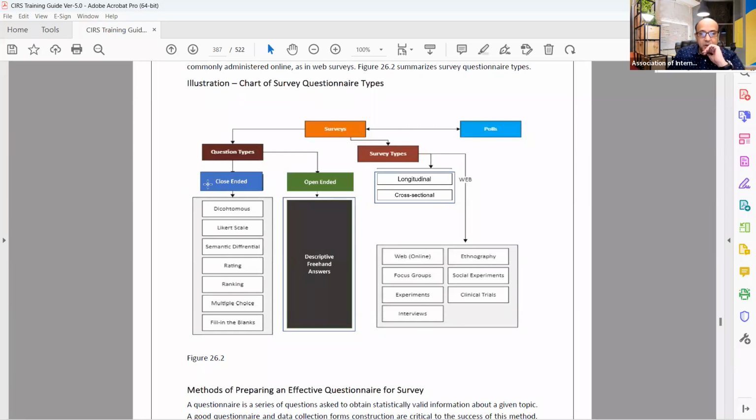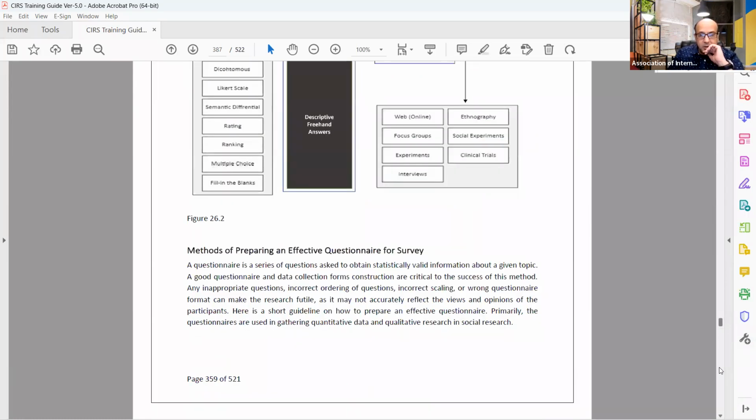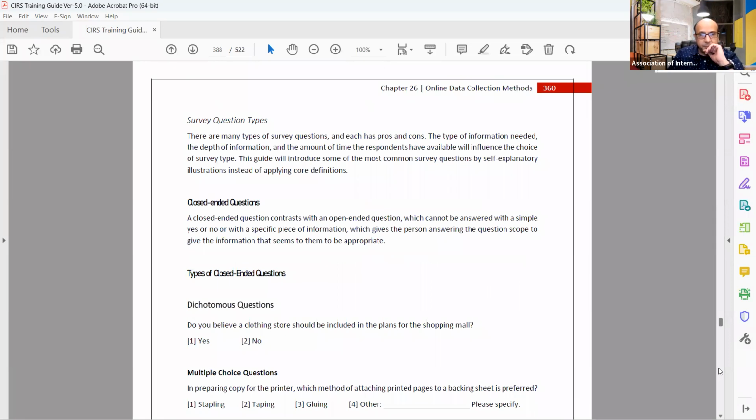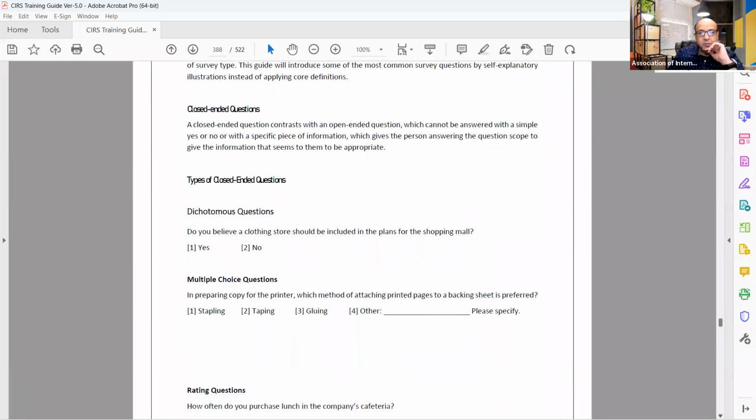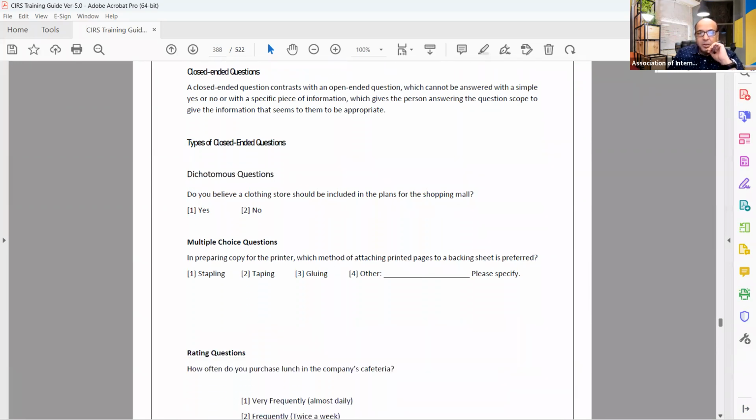I would start with the easier part, which is the close-ended questions, to give you an idea how they look. Close-ended questions are given with a number of outcomes, kind of demarcations, the answers that you have to choose from.